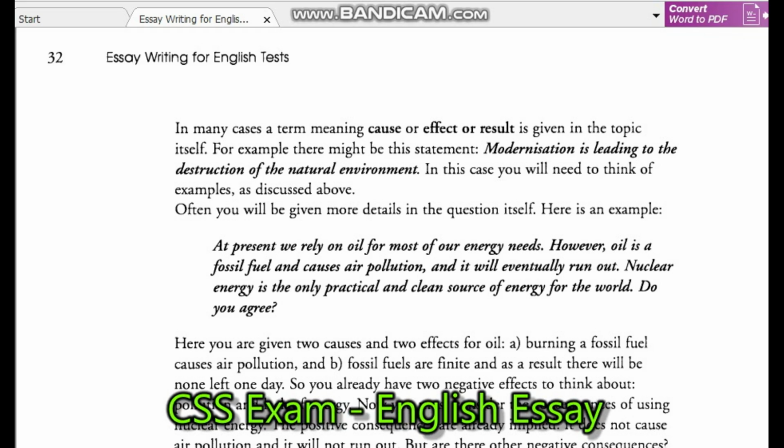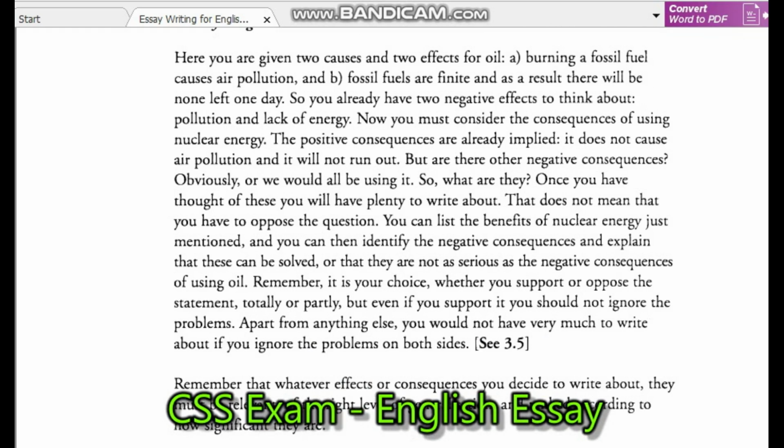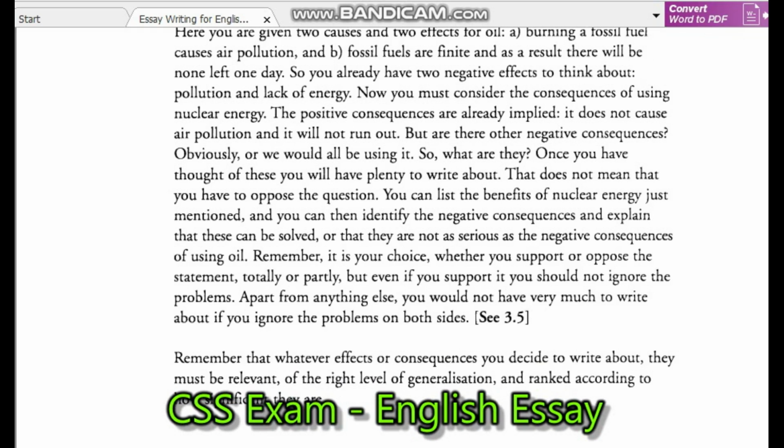So you already have two negative effects to think about. Pollution and lack of energy.